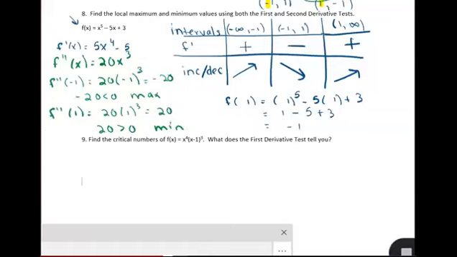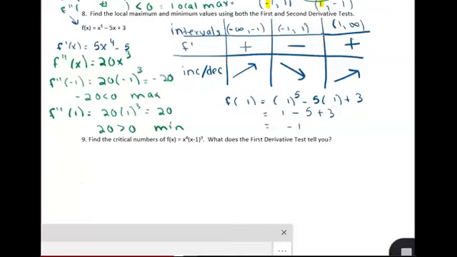The piece that we need here is if the second derivative at your critical number is greater than 0, then that's going to give you a local min. And conversely, if the second derivative at your critical number is less than 0, then that's going to give you a local max.